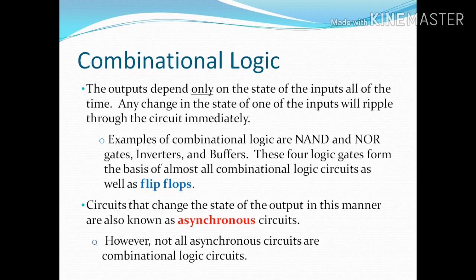Any change in the state of one of the inputs will ripple through the circuit immediately. So that is our combinational circuit. Before starting sequential circuits, we should know combinational circuits, because digital electronics circuits can be classified in two ways: combinational logic circuits and sequential logic circuits.